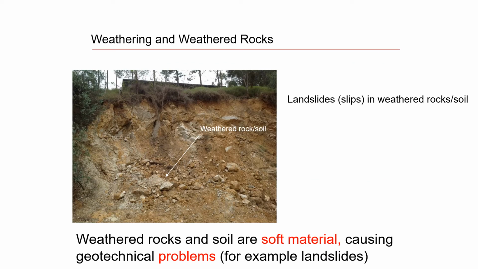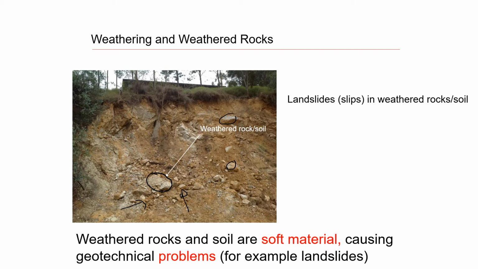Of course, this weathering process affects the rock properties, because in general rocks are very hard and they can hold steep slopes. But when it's weathered, as you will see here in this picture, which is taken on Gold Coast, it's not rock anymore. We still have pieces of rocks here, but most of the material is weathered rock, so it's soil.